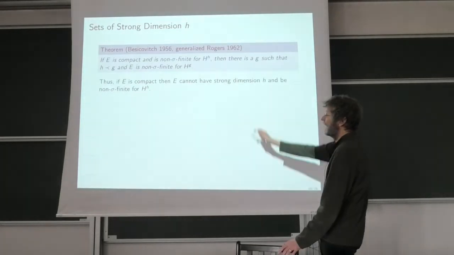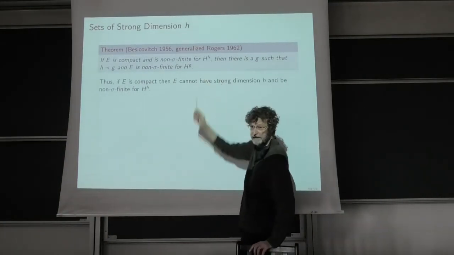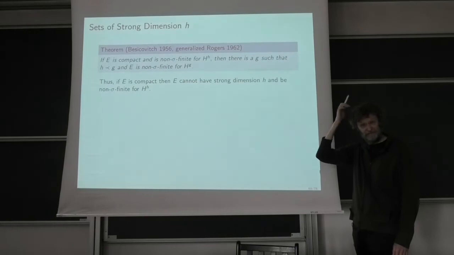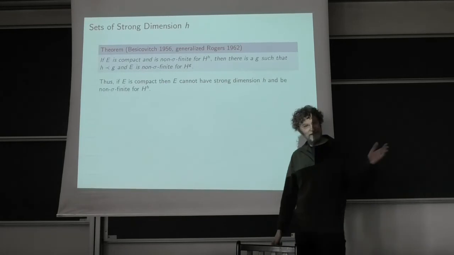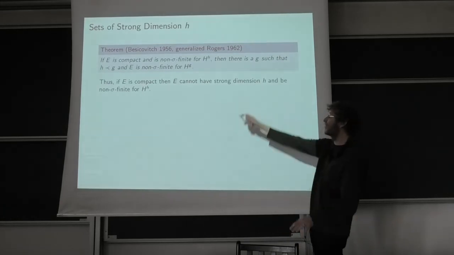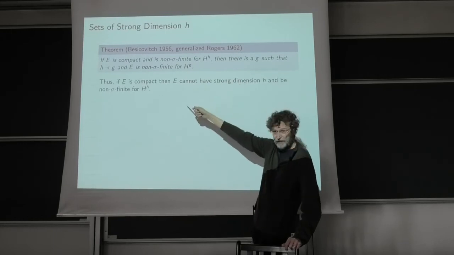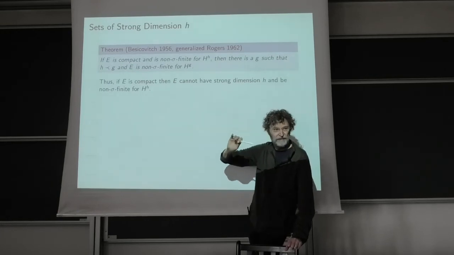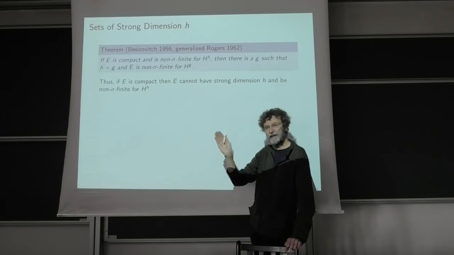So if E is compact, and it's not sigma finite, so it's really large with regard to the gauge function h, then there is a G such that G is to the right of h, and E is not sigma finite for hg. So that says that if I wanted a set that has strong dimension h, and that set is closed, then the set has to be kind of small when viewed from the measure given by the gauge function h.